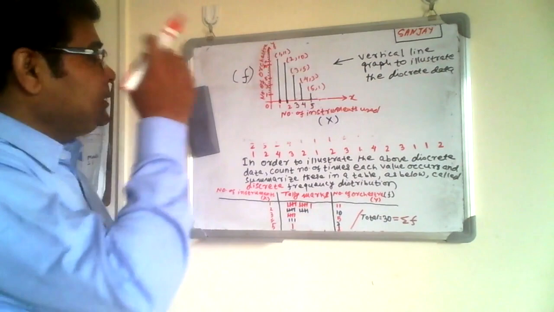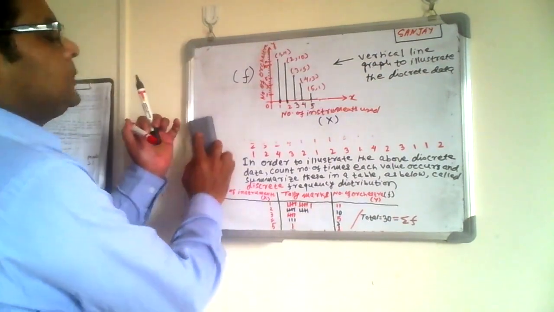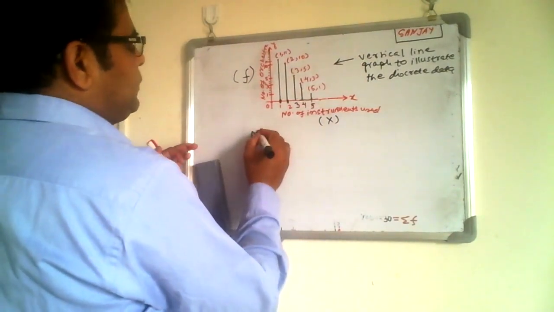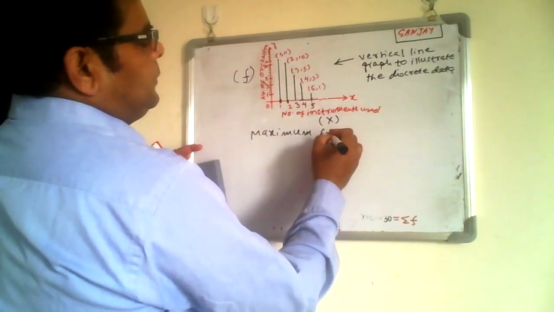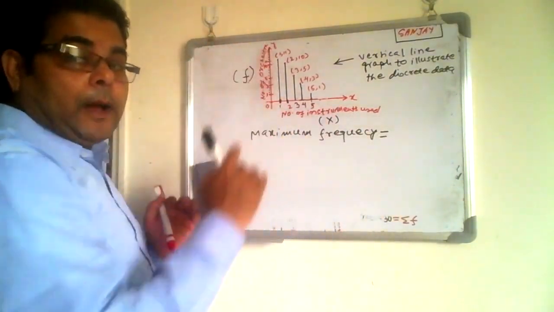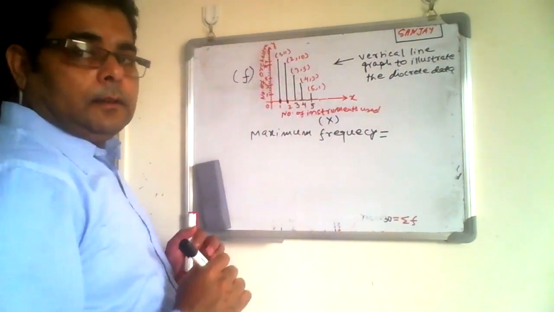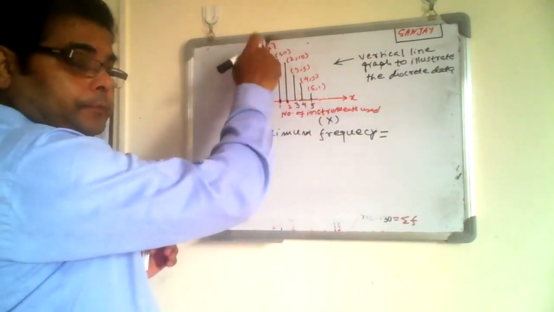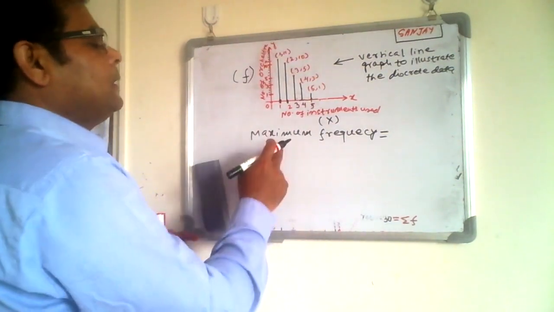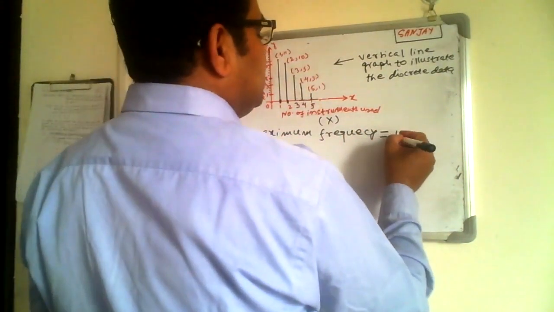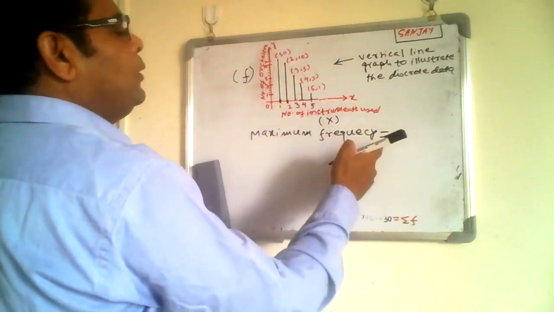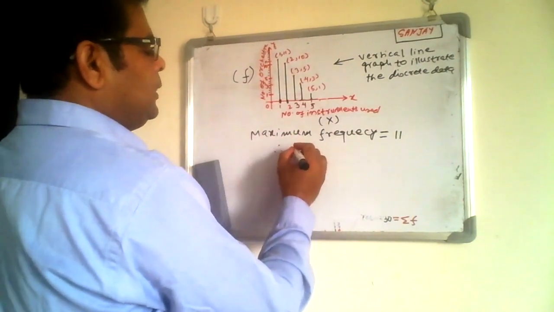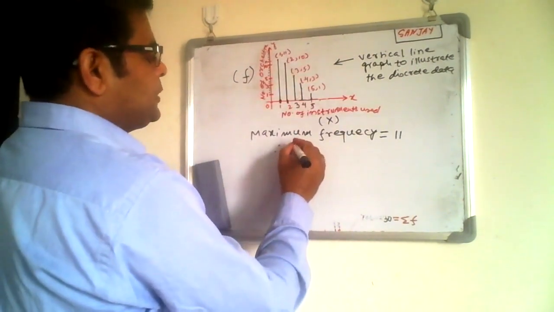Another feature you can see in your analysis is that the maximum frequency corresponds to the maximum height of the vertical line. The vertical line at x equal to 1 has the maximum height, and that occurs at the maximum frequency 11.